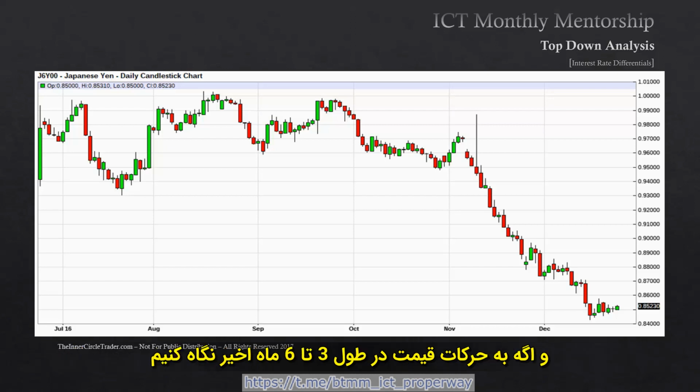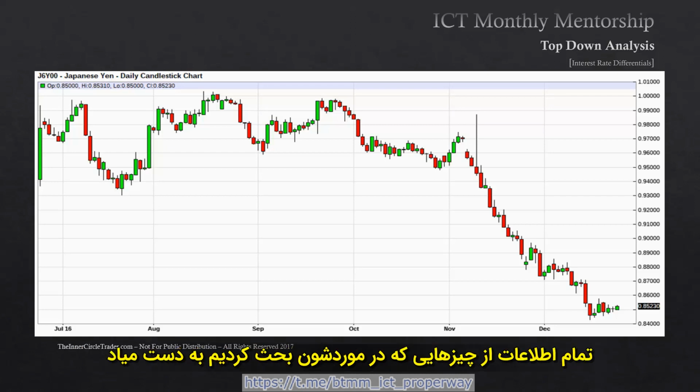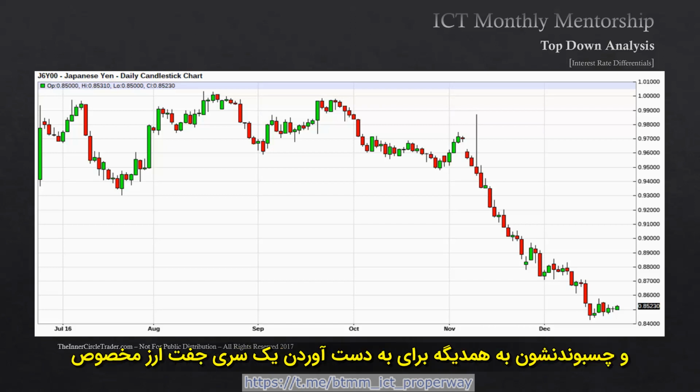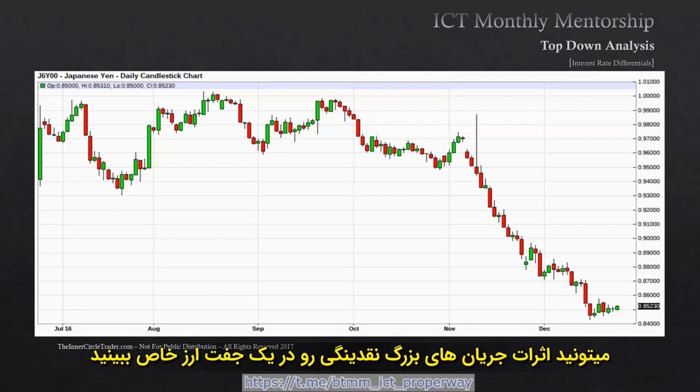If you look at the moves that have transpired in the last 3 to 6 months, all of the big moves come by way of the information drawn from the differentials that we've discussed so far here, and the method of using those central bank interest rates, pegging them together to get specific currency pairs and having technicals align. You'll be able to see that footprint of large flows and funds pouring money into a particular currency.